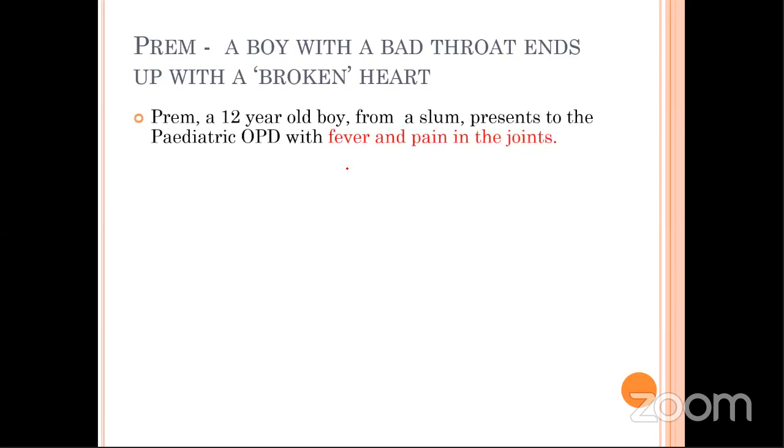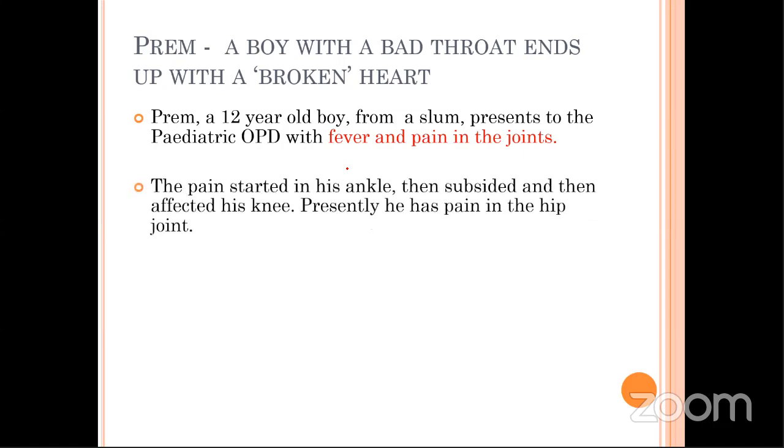Now, Prem, a 12-year-old boy from a slum, presents to the pediatric OPD with fever and pain in the joints. Now, you mark the letters in red. The pain started in his ankle, then the pain subsided there, then the pain affected his knee. Presently, when he presents to the OPD, he has pain in the hip joint.